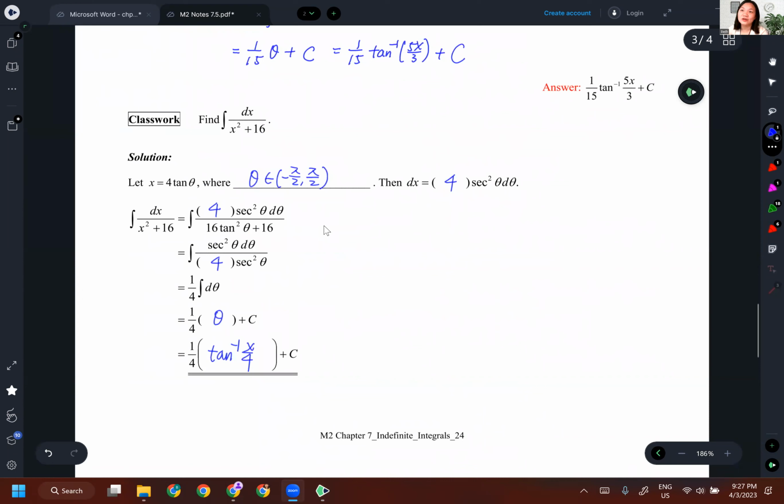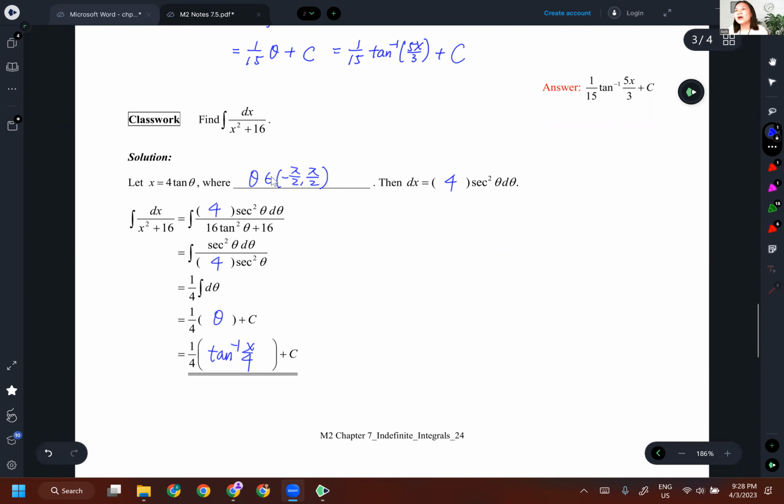Okay, 4 will work. And when you do the substitution, it's a good habit that you know what theta is, because theta is not all the angles. It shouldn't be all the angles. Only very specific angles, okay?